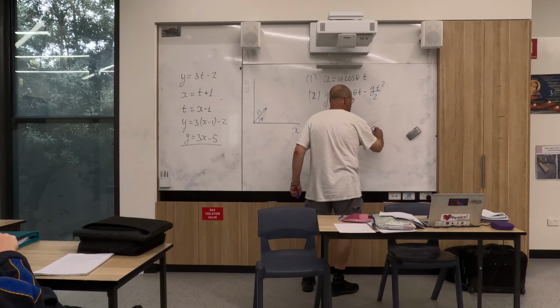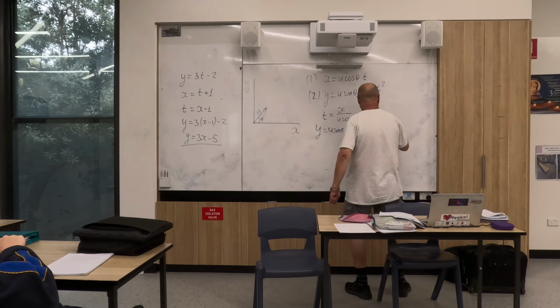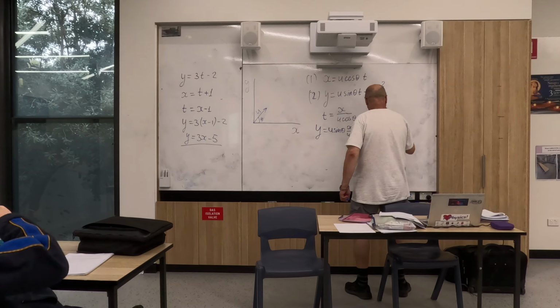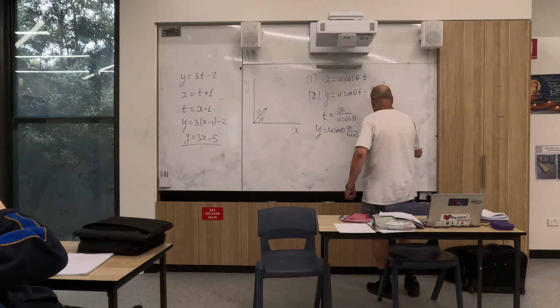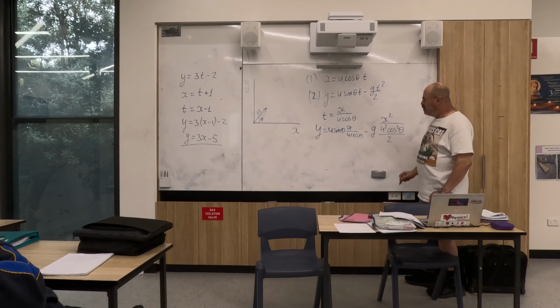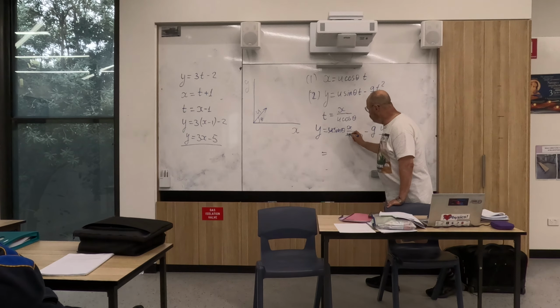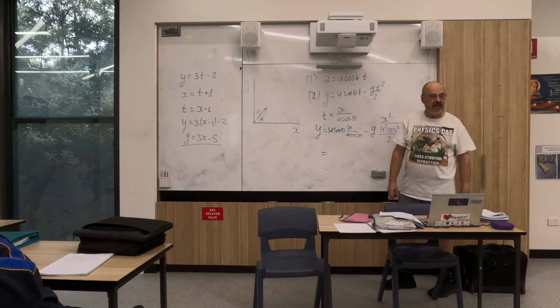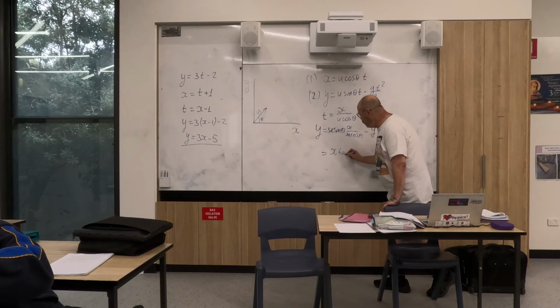minus g times x squared over u squared cos squared theta, and that's over 2. Simplifying, u cancels out, sine over cos is tan, so you get x tan theta.